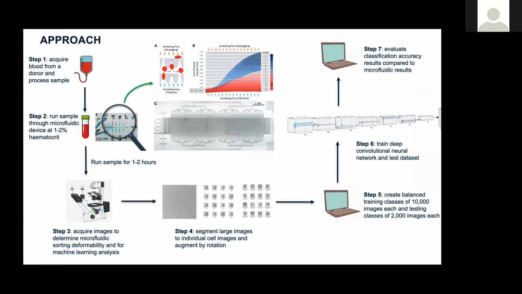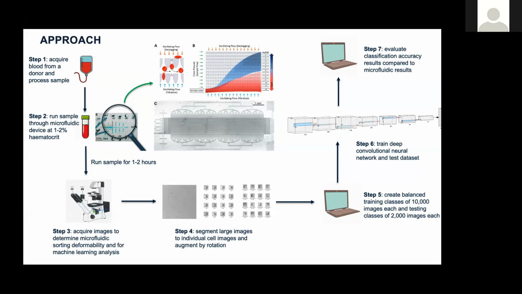Shown here in the enlarged image, the microfluidic device sorts cells based on their deformability by squeezing them through progressively narrower constrictions along the upward flow trajectory. When the cells can no longer pass through the constrictions, they are then sorted to a distinct deformability outlet. More deformable cells travel further along the upward flow trajectory to lower numbered outlets, while more rigid cells do not travel as far and are sorted to higher numbered outlets.